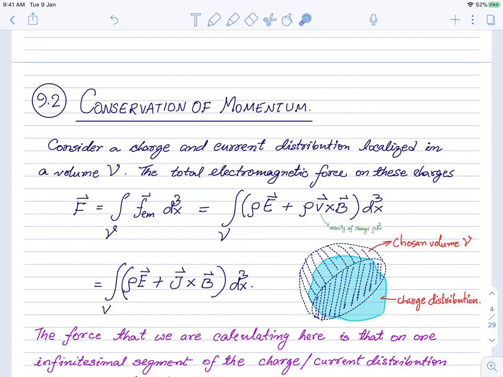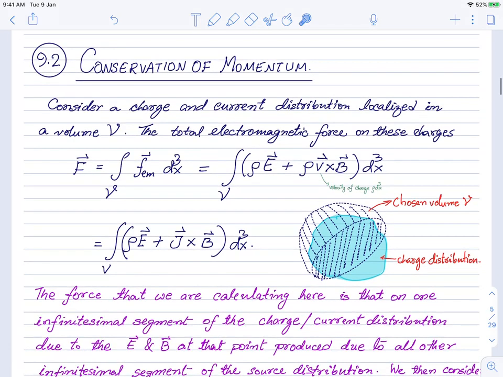This rho times v, I can write as the current density J. We can take this expression and integrate it over some volume. What volume we integrate over is basically our choice. We can integrate it over any volume, and we'll get the force on the charged particles within that volume.